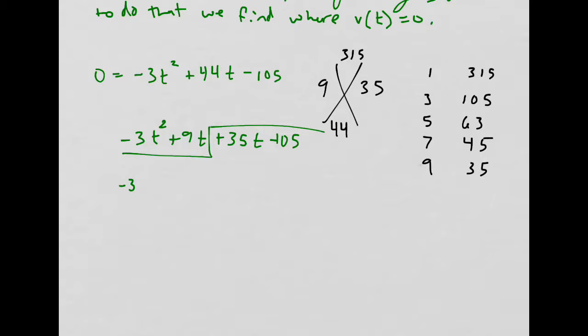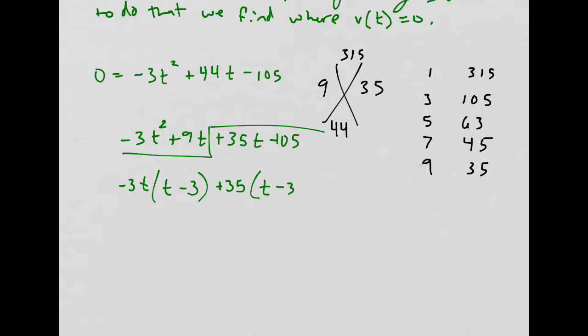Negative 3t, and I'm left with t minus 3. And then on this part, I can factor out at least a 5. Actually, I can factor out a 35. So factor out a positive 35, I'm left with t minus 9. No, t minus 3?